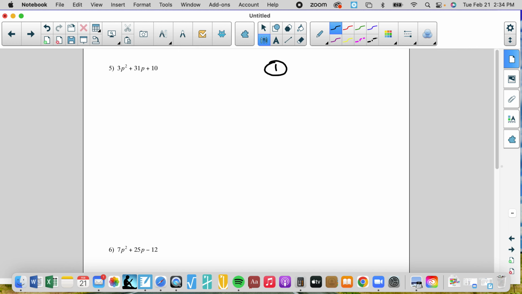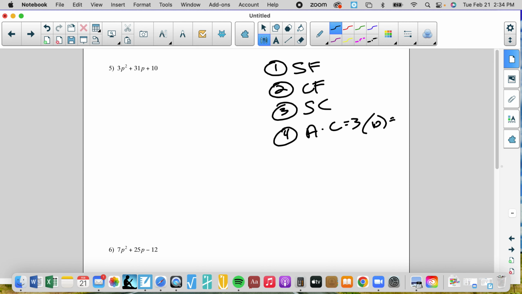So, standard form, yes. Common factor, no. Special case, no. A times C. A is 3, C is 10, 30. Factors of 30, 1 and 30, 2 and 15, 3 and 10, 4 no, 5 yes, 5 and 6, around the horn.